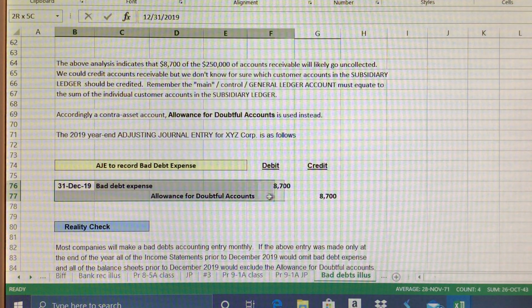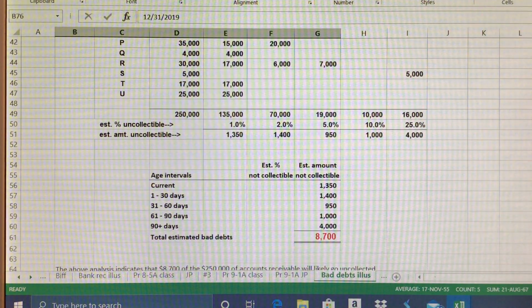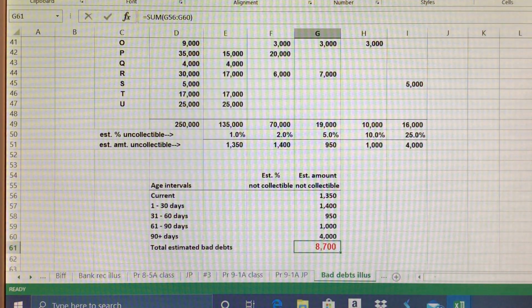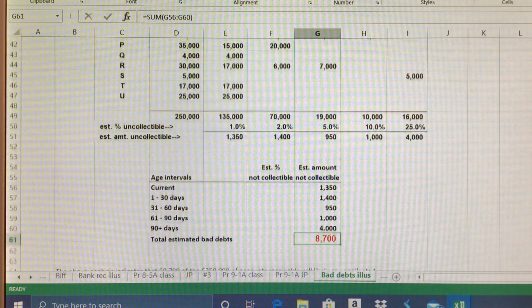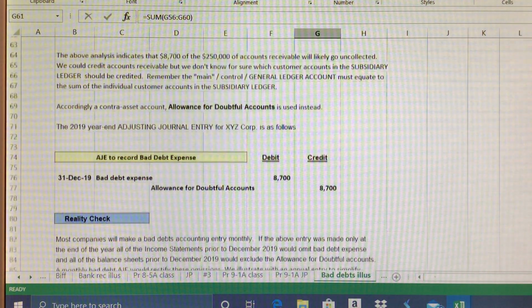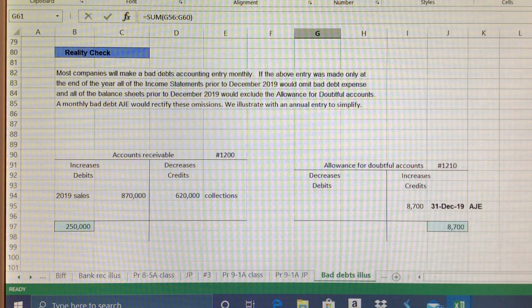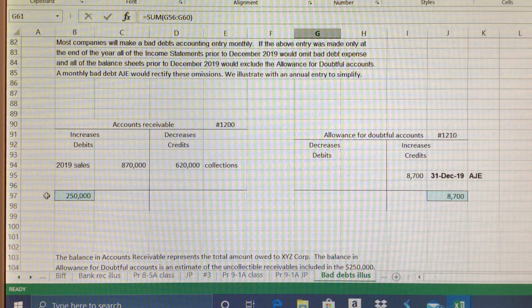That puts your expense on the books. And what method do we use here? Well, it's an allowance method, and we did the aging of accounts receivable to arrive at our guess of bad debts. That's an estimate. Now, we go into the next year, which in this illustration would be 2020. Here's our balance, $250,000 was owed to us.